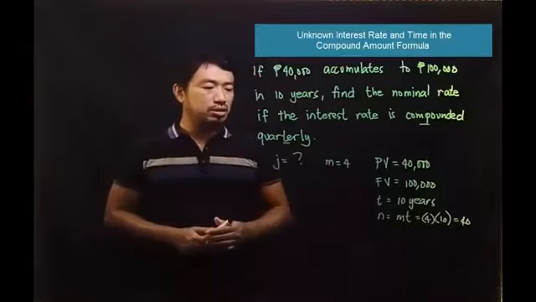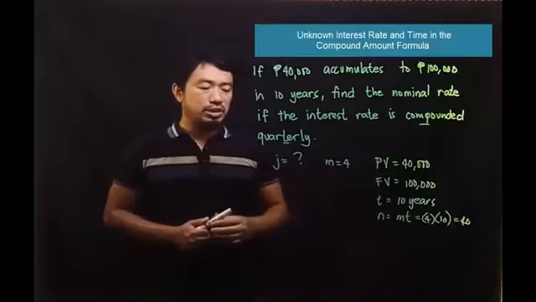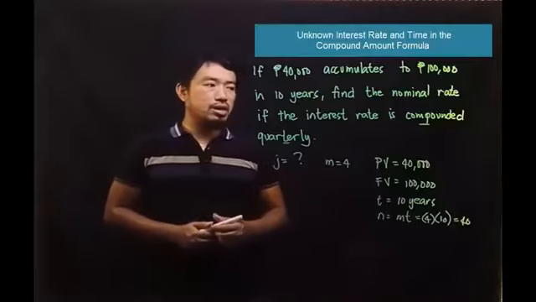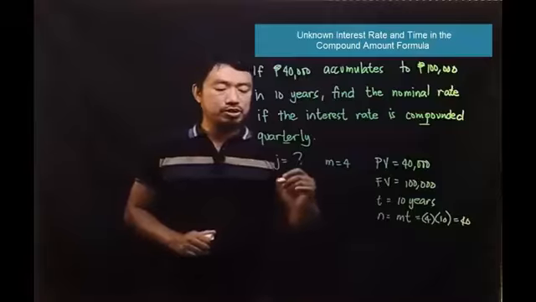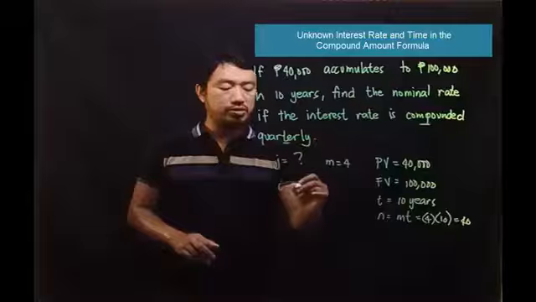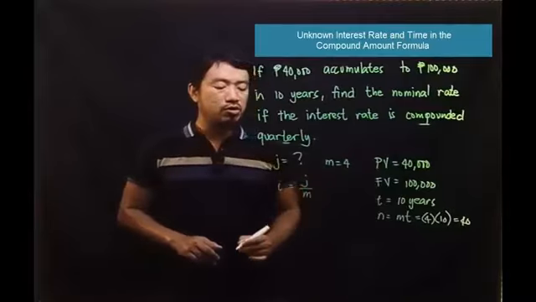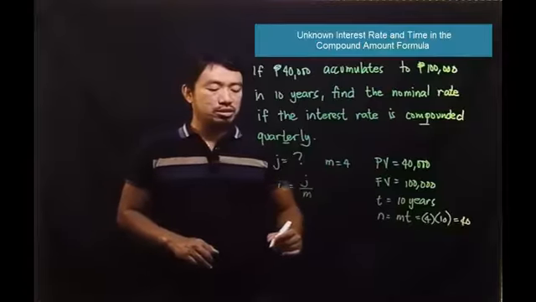We all know that in the compound amount formula, J is not present, but we know that J is related to I, which is part of the compound amount formula, where I is equal to the nominal rate divided by the number of compounding periods.